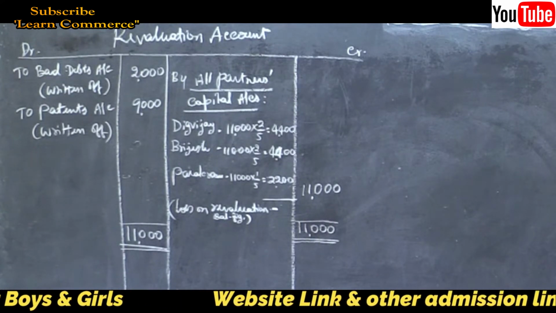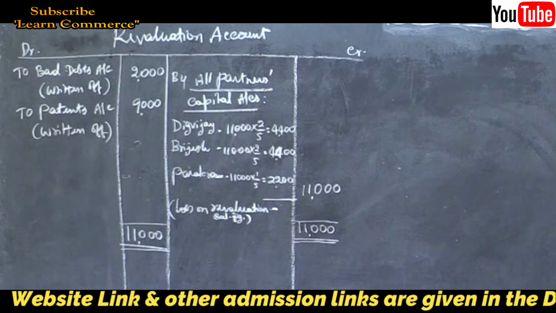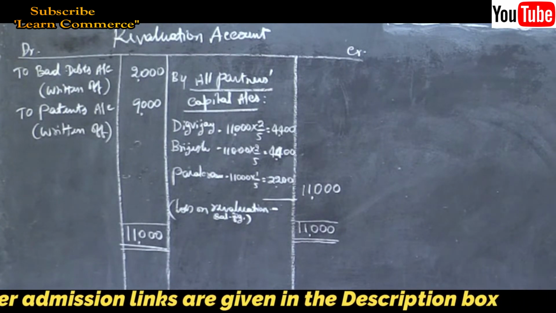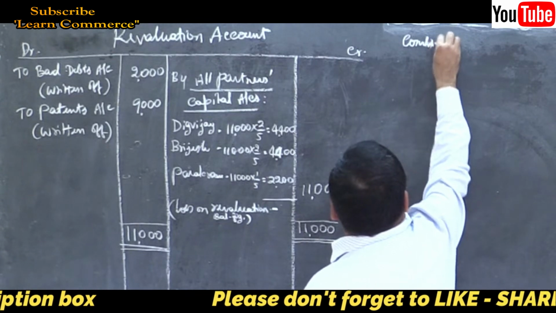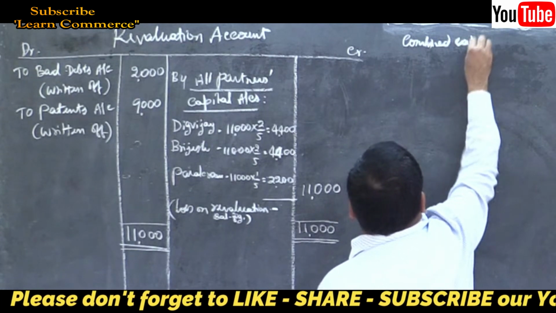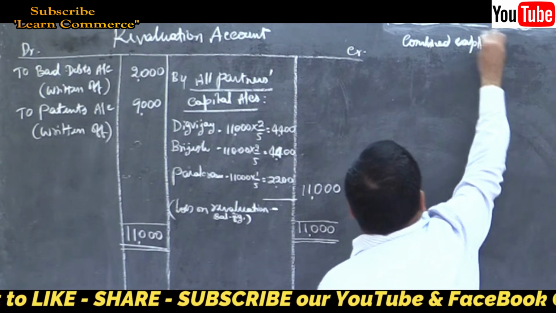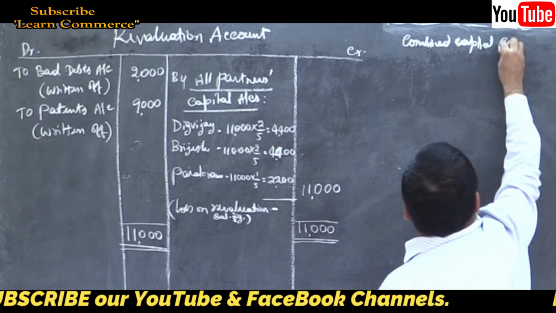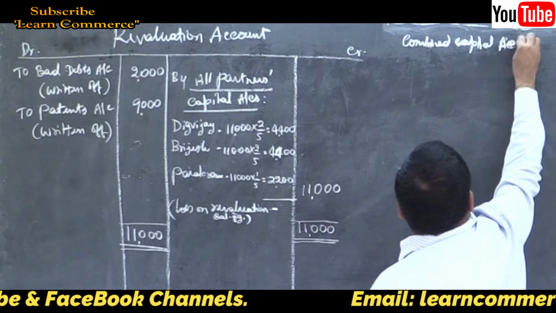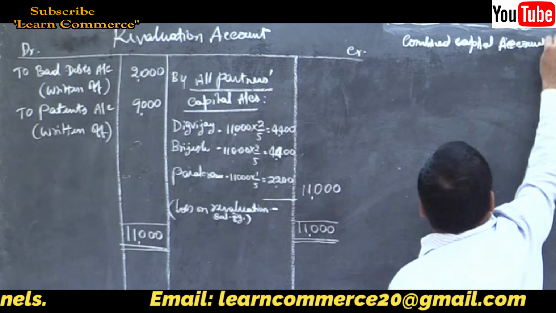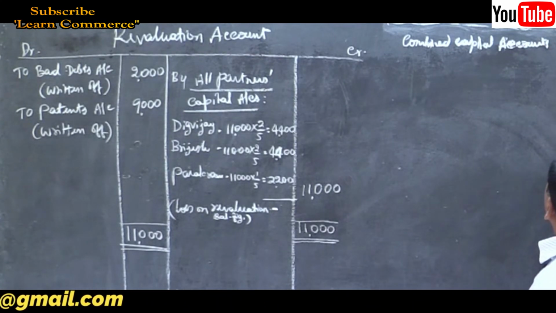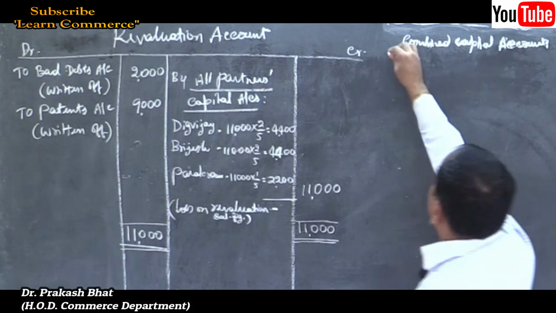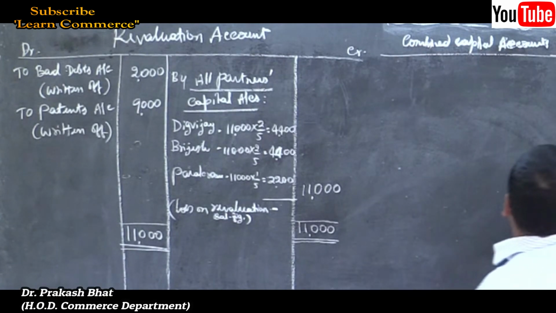Let us move on to the next part, that is combined capital accounts of partners. Three partners' capital accounts. Draw the columns.